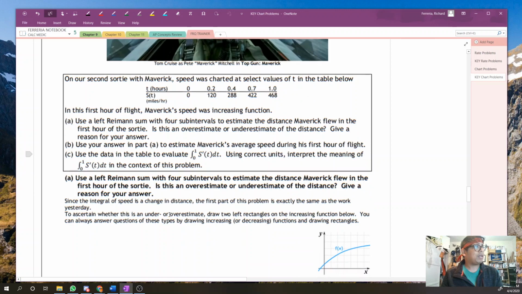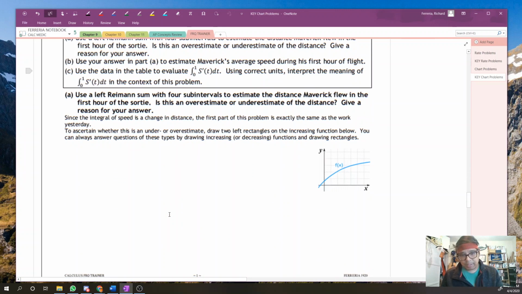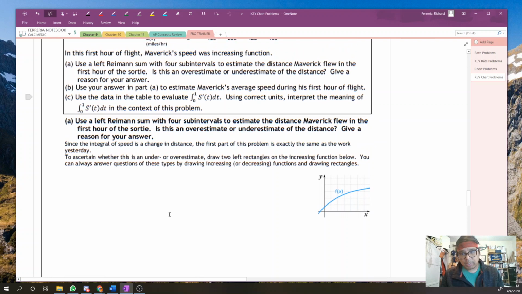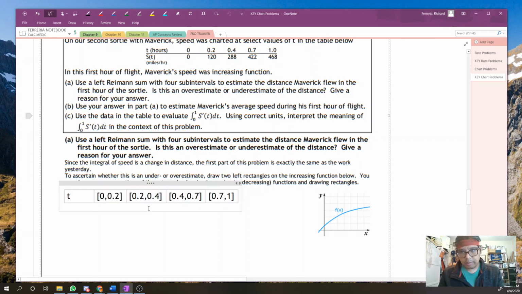So we're going to find a Riemann sum using a left method. I think we talked about that sufficiently last time. So let's just start by putting up our chart. Make sure you double check that you haven't left off anything. So I got a 0.2 in the middle, and right here and here. I got 0.4 here and here, 0.7 here and here, so it doesn't look like I missed anything.